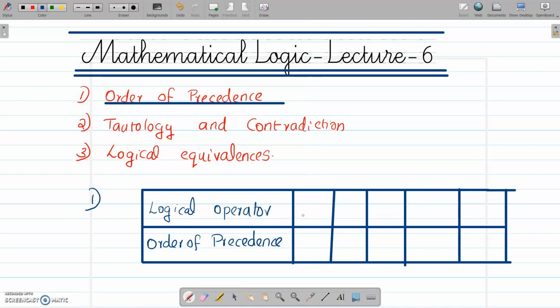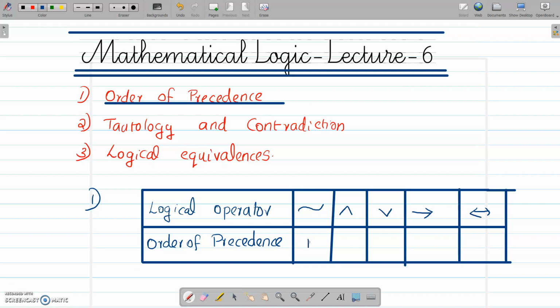The logical operators we need: the first preference is for negation, then the AND operator, next the OR operator, implication, next is the biconditional statement.